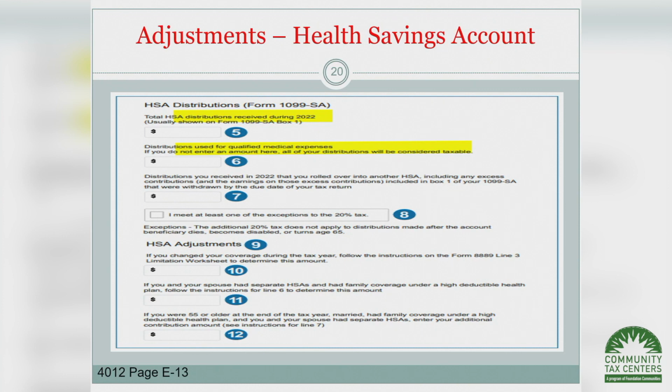If there are no more questions on the health savings account as an adjustment, what did we say is the impact of adjustments on the tax return? It reduces total income. We haven't gotten to taxable income yet. First, we will have total income, and then we'll have adjustments, and then you'll arrive at your adjusted gross income.